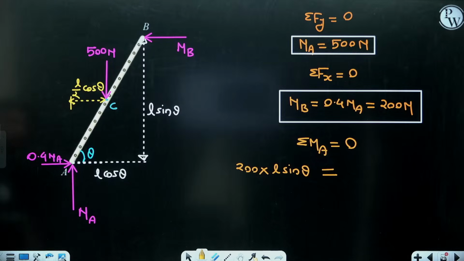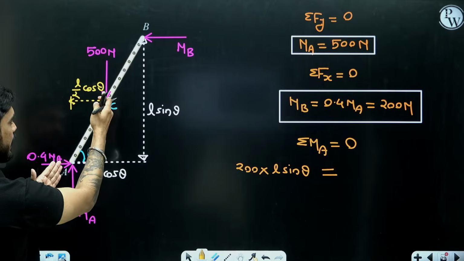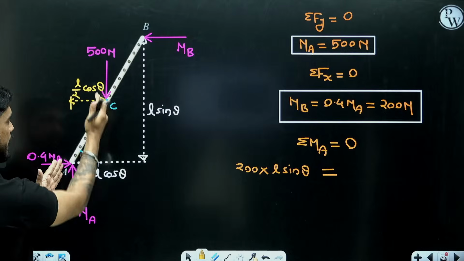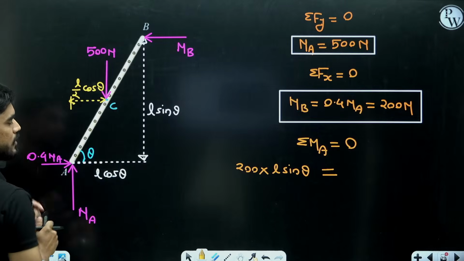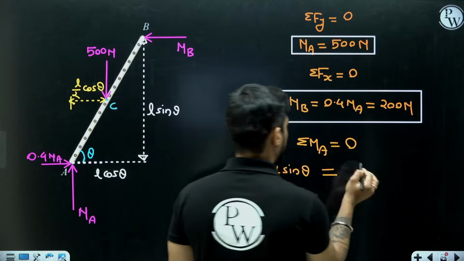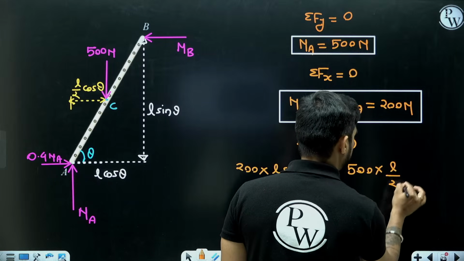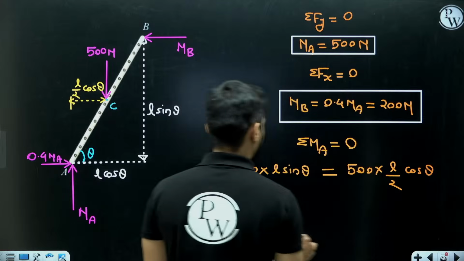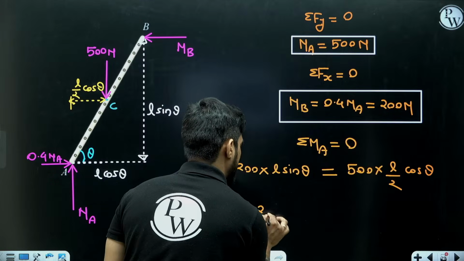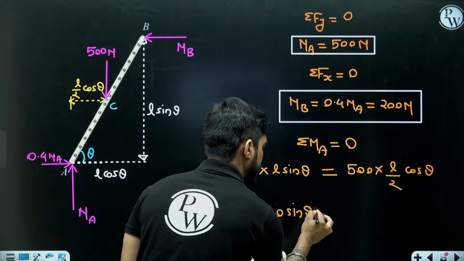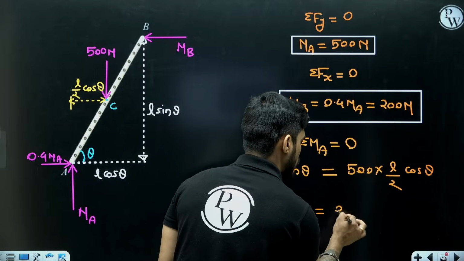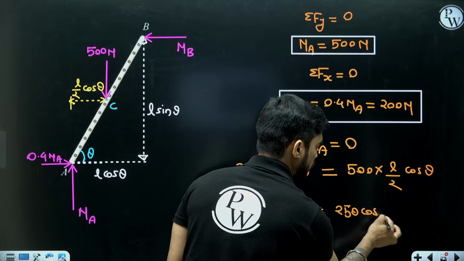C is the center na, so if this is L cos theta, then from center the distance will be L by 2 cos theta, so it will be 500 into L by 2 cos theta. So L and L will be cancelled. This will be 200 sin theta equal to 250 cos theta.